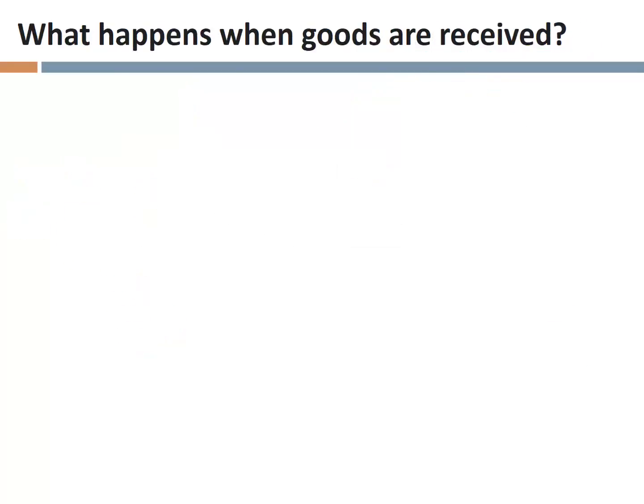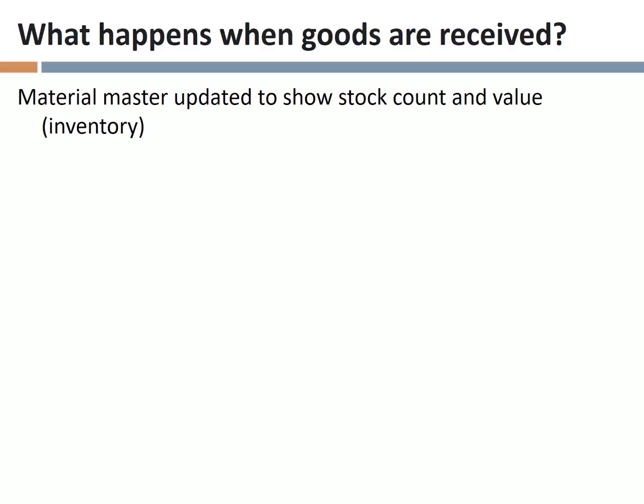So this right here makes a really, really good test question. So we just received goods. What is all the stuff that just happened? Number one, the material master was just updated to show how much of this we have. And if it's a valuated material, the material master was updated to show the value in dollars or some other currency of our inventory.